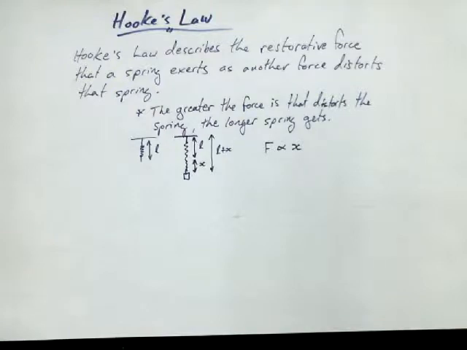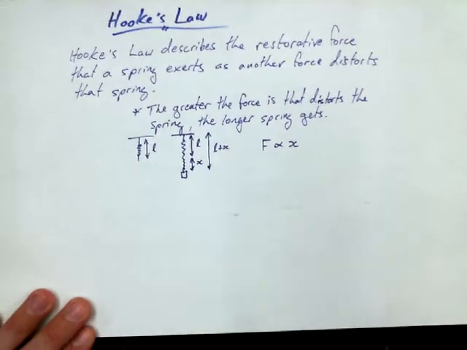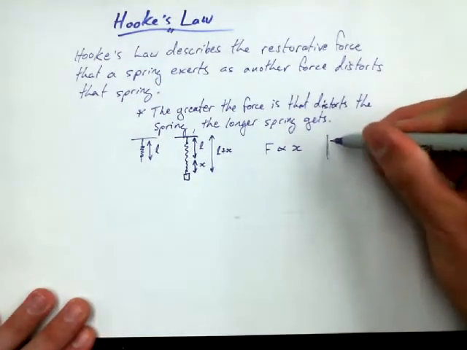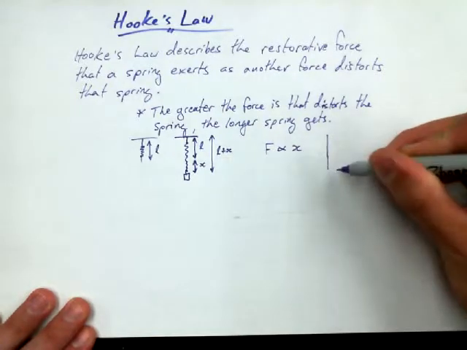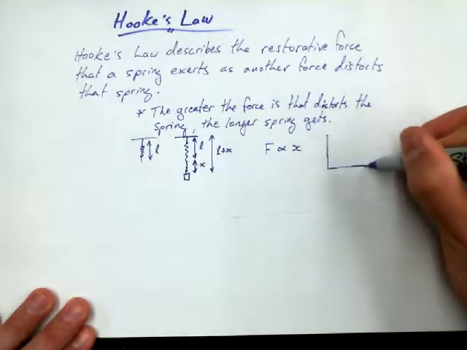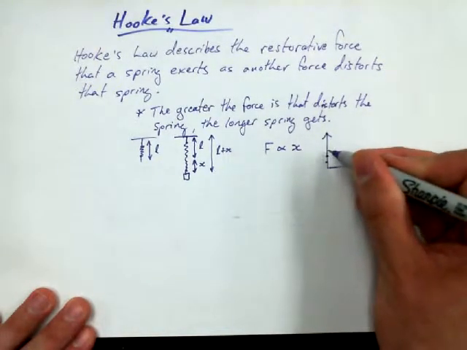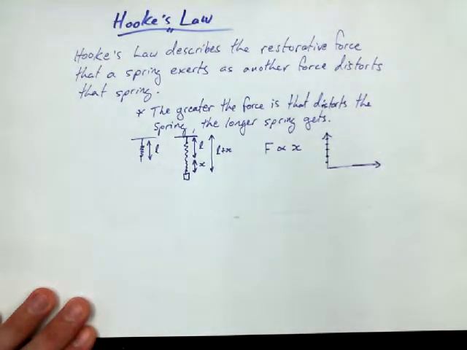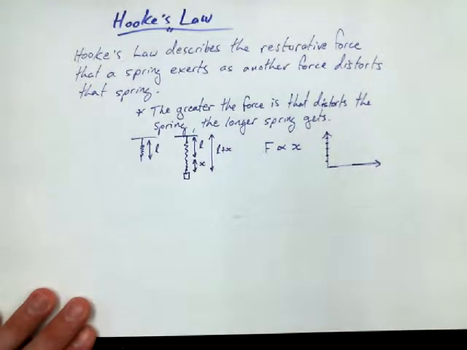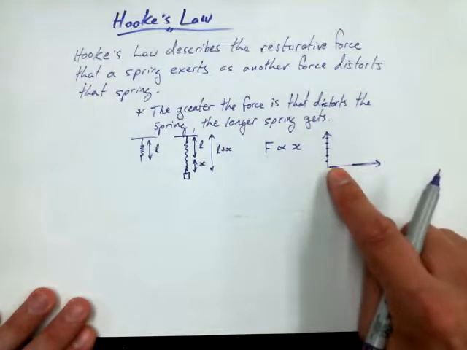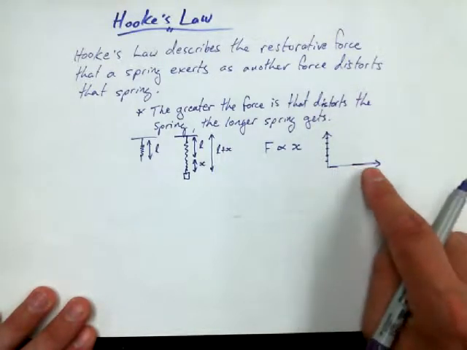But what Hooke noticed was this is true, and if he applied many different force values to the same spring, force 1, force 2, force 3, different forces, and you might apply those different forces by hanging different masses off of the same spring, what happened to the x value, the stretch amount? Increased, right?